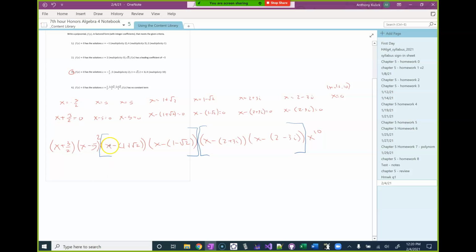So when I do that, I'm just going to FOIL. So x times x is x squared. x times that quantity is that. Then I have this. So I'm going to have x times this quantity. And then I have those two quantities multiplied together.